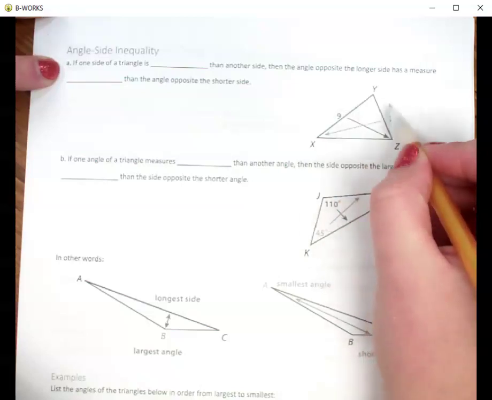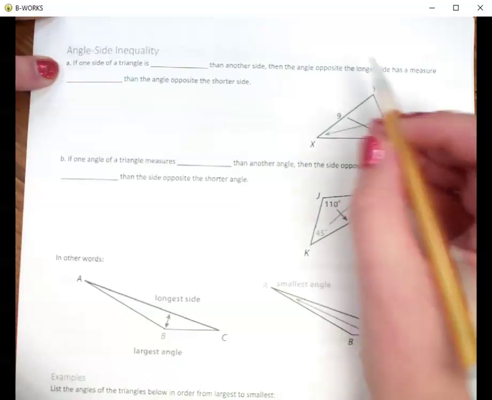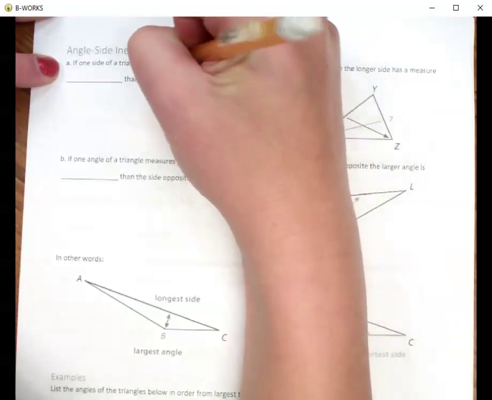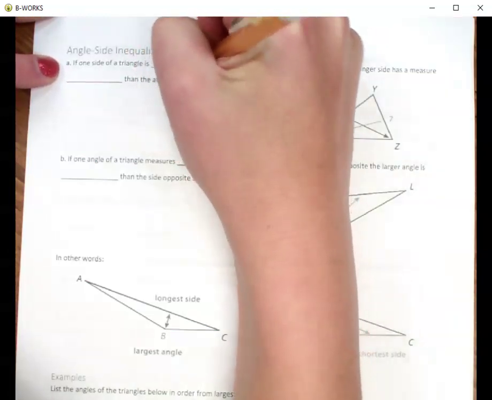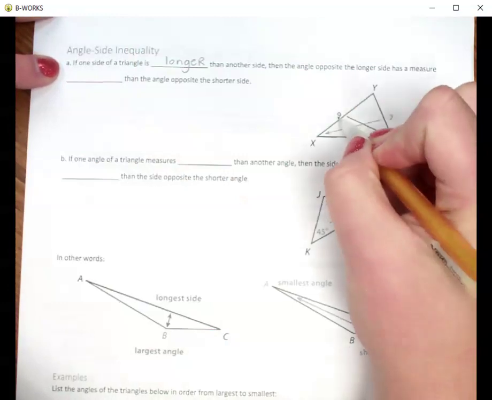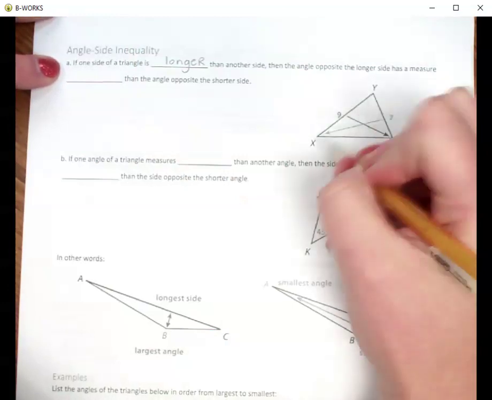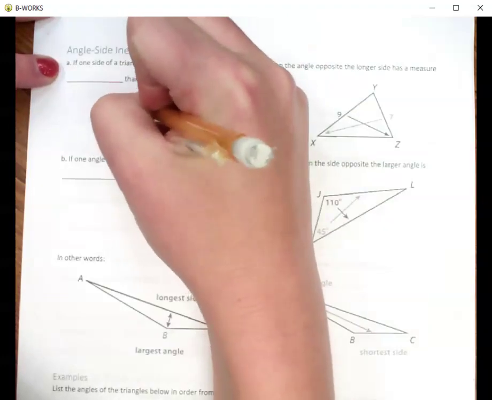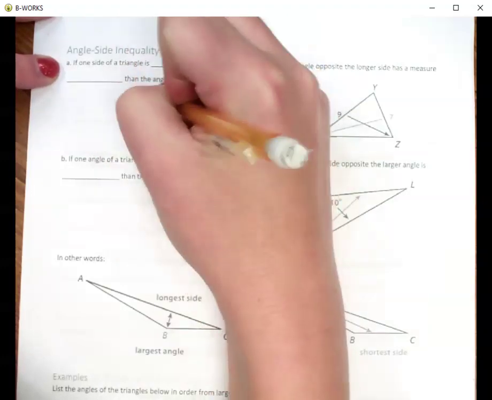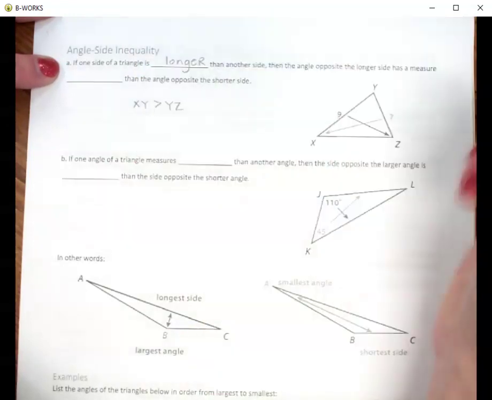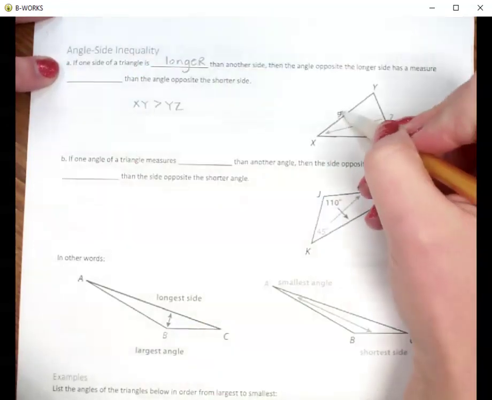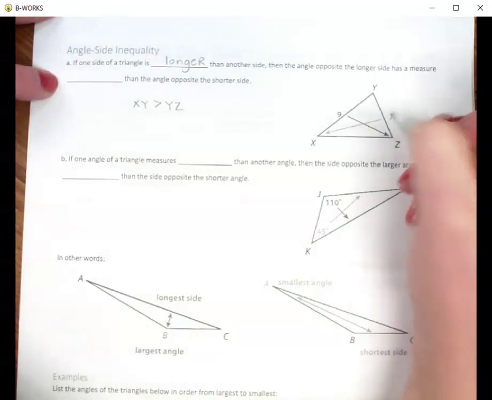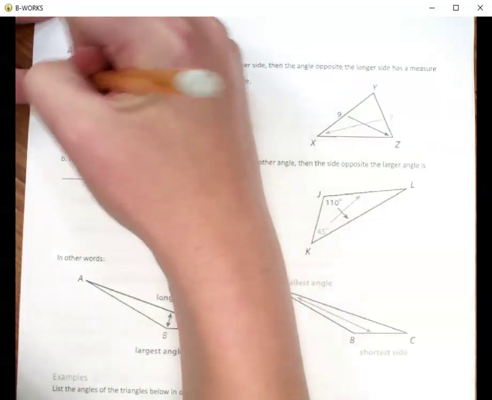So if one side of a triangle is longer than another side, like here, the length of XY is longer than YZ, then the angle opposite the longer side has a measure greater than the angle opposite the shorter side.